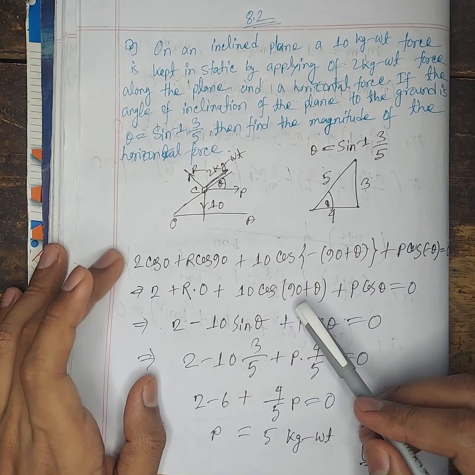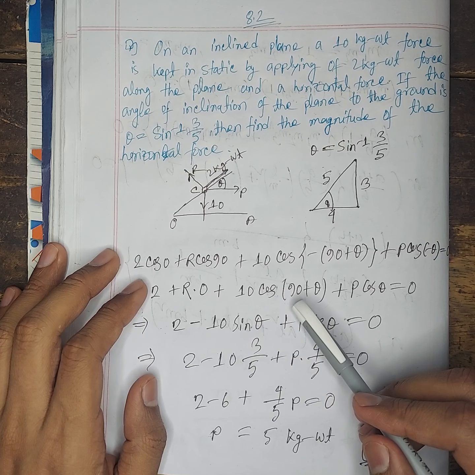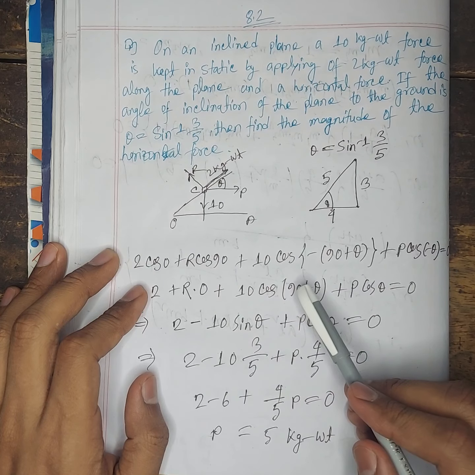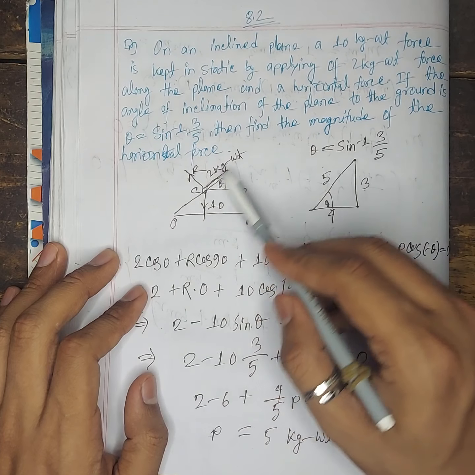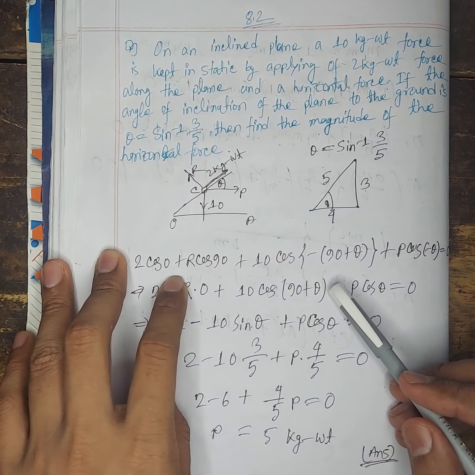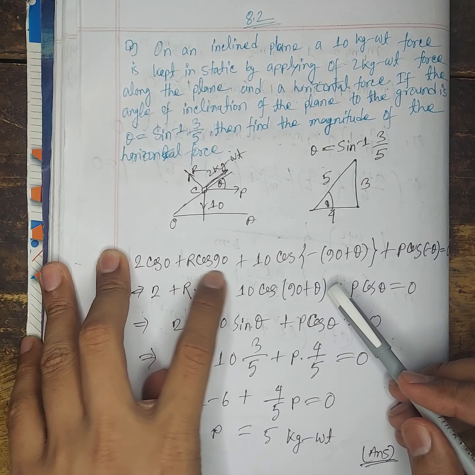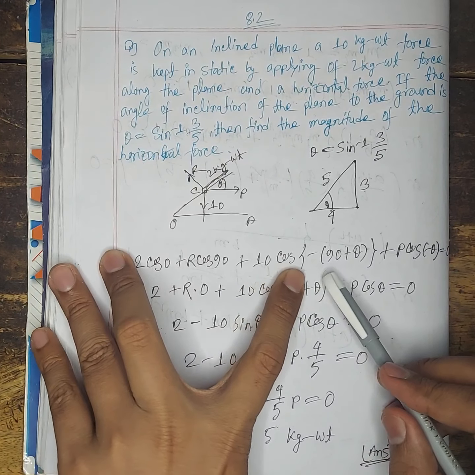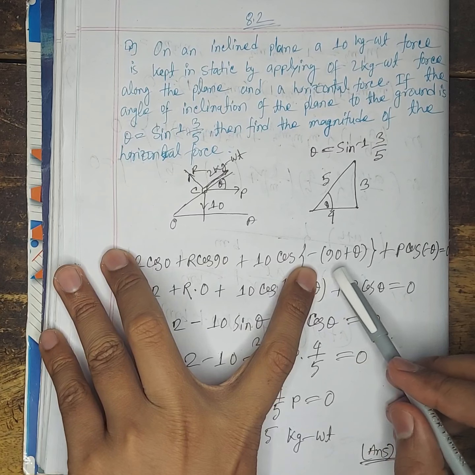So if we take the resultant along the force P, along the force 2, first we get 2 cos 0 plus R cos 90 and 10 cos minus (90 plus theta).